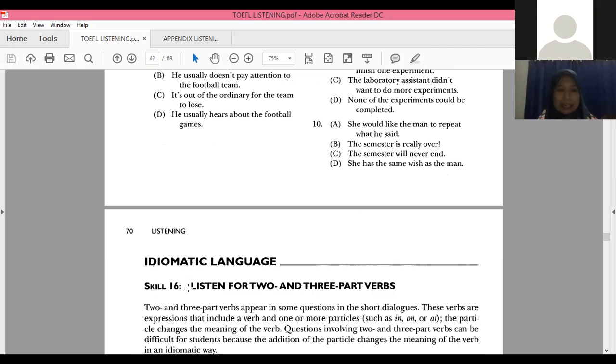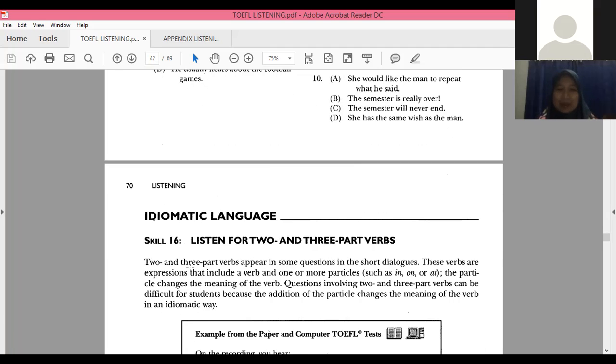Here, idiomatic language also has a different meaning, but not different from what is said. It just has a different meaning. Kalau teman-teman di bahasa Indonesia ada peribahasa, nah di Inggris juga ada.